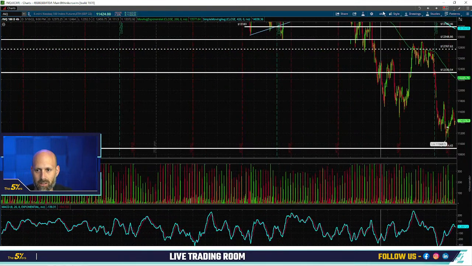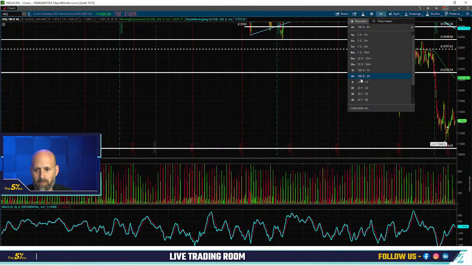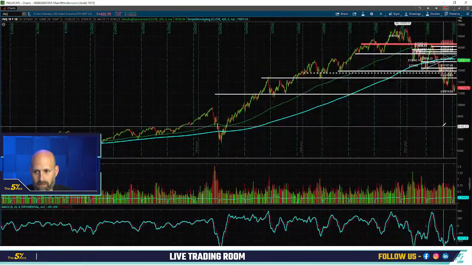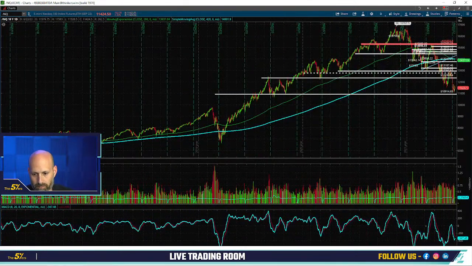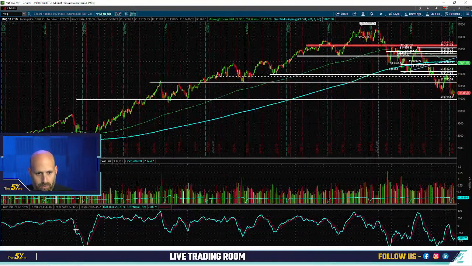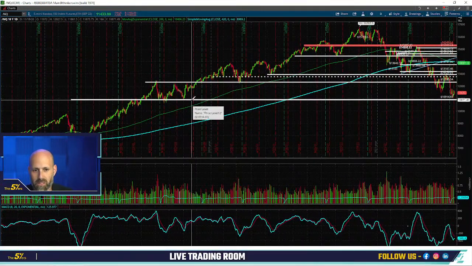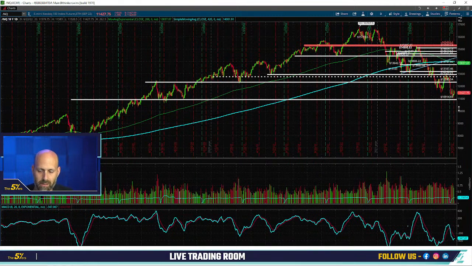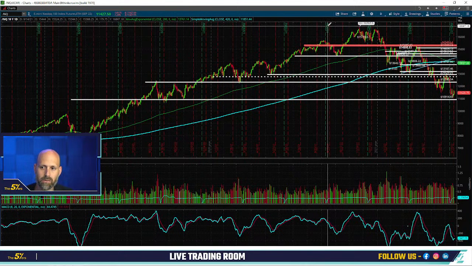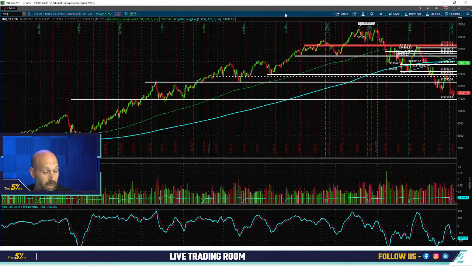Let me take the chart just a little bit backward, and yeah, you can see that the major support level is a little bit lower than where we are at the moment. So maybe, just maybe, we can see another push to the downside, taking liquidity and then pushing to the upside. That's what I'm aiming for, at least when we're talking about the bigger picture.